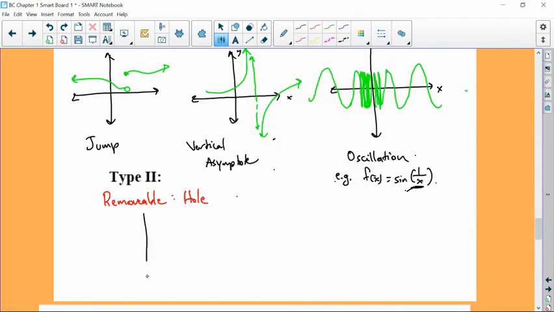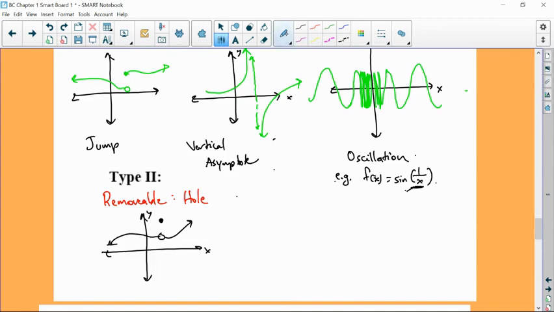So if I draw a function, there's a hole. Even if it's defined up here, I know it's not continuous because the limit value is down here, but the function value is up there. But this hole is removable, and we can call it removable.